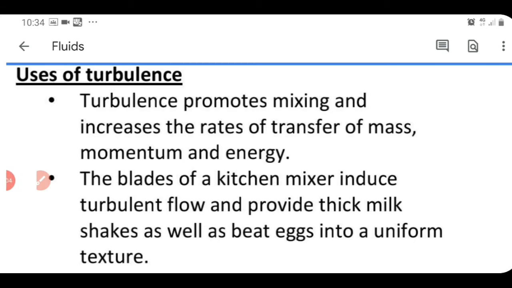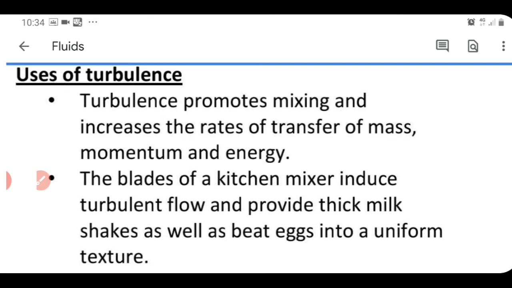Actually, turbulence promotes mixing. The simplest example of this is beating egg. When we make an omelette, to mix the egg with the salt properly, we may use a beater. So the salt will get mixed with the egg, and when it is beaten with the beater, what is created?